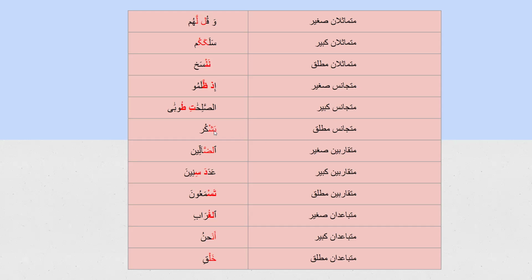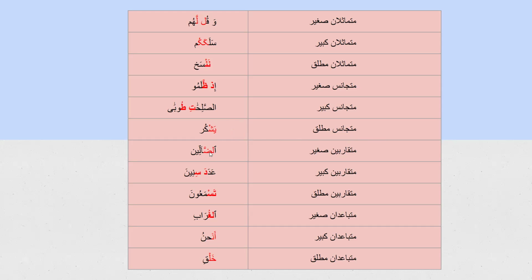Yashku, first is mutaharrik, second is sakin, so it's mutlaq. Mutajanis, mutlaq, ya and the shin is from the middle of the tongue, so they share the same makhraj, therefore mutajanis. Mutlaq because first is mutaharrik, second is sakin.